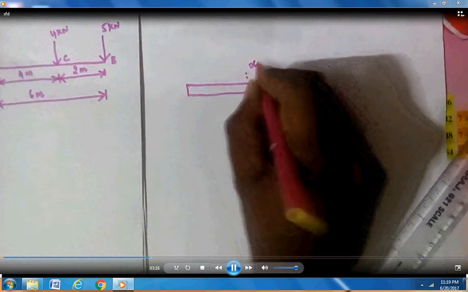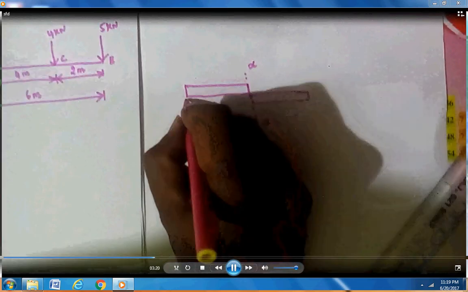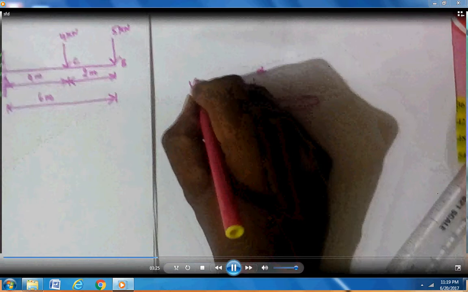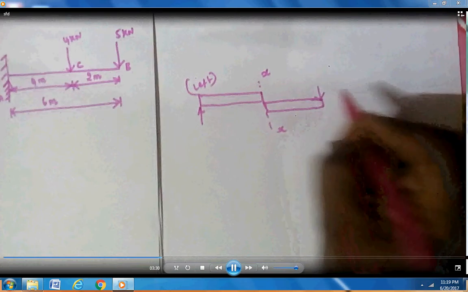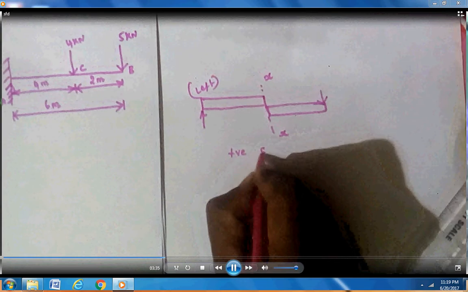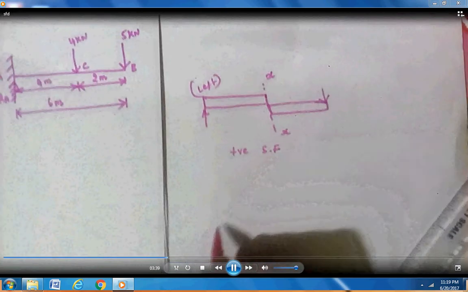This is the section HH. Here on the left side we need an upward force, which is positive, and on the right side downward, which is also positive.